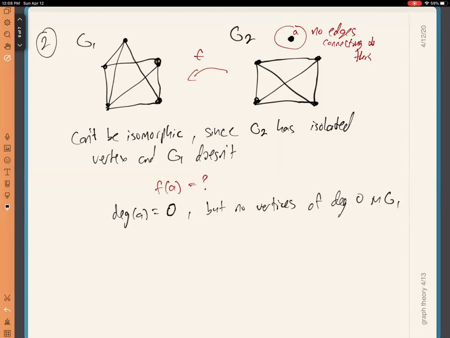And so let me characterize this as a theorem.